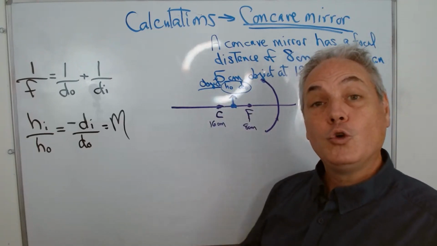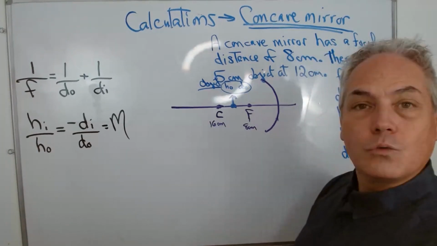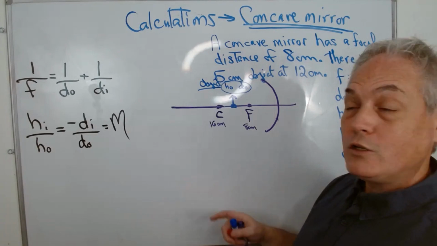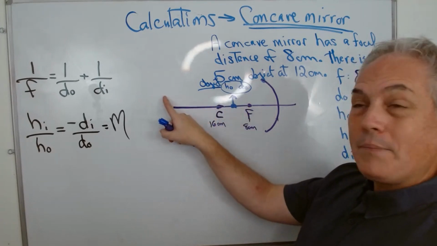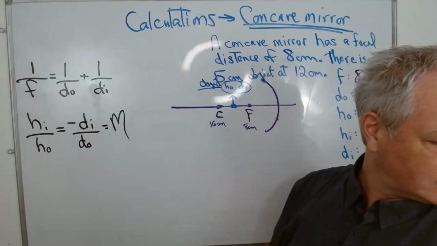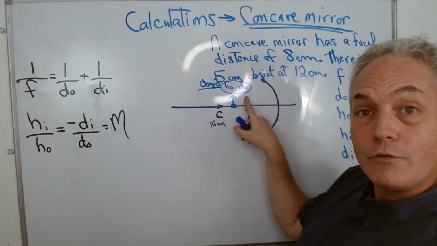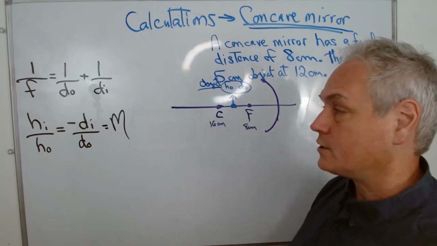Now, in order to know where the image is, we're going to need some rays of light, so we can figure out where to find it. From previous drawings, we know that if you have a light ray going parallel to the main axis, called the principal axis, and it goes to one point of your object, it will be reflected going through the focus.